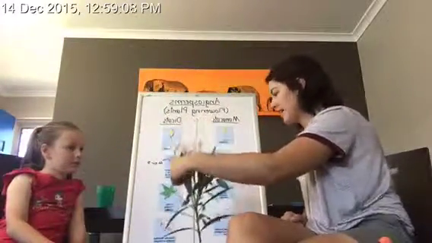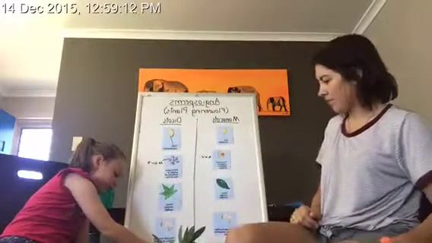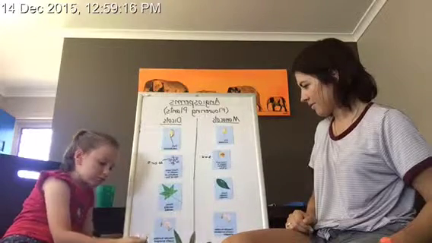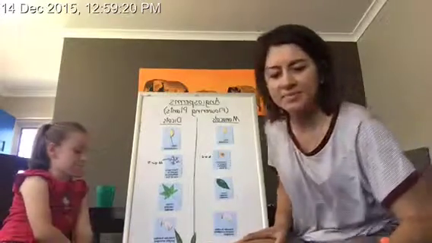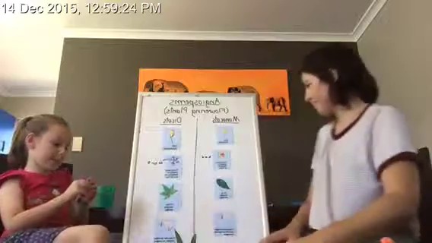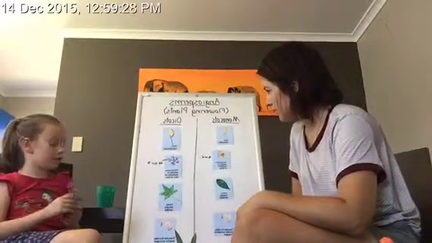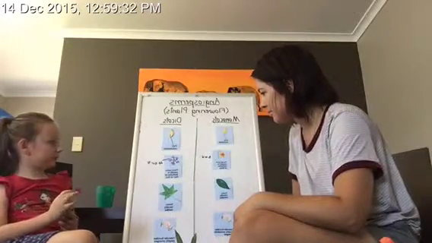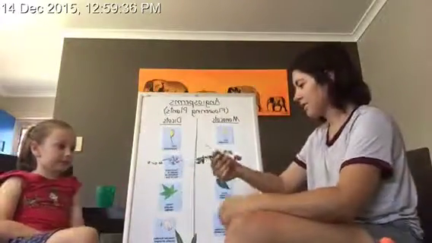How many petals did it have? 5. Well done. Okay, have a look at this one here. Monocot. How can you tell? Because these petals are 3. Very well done.